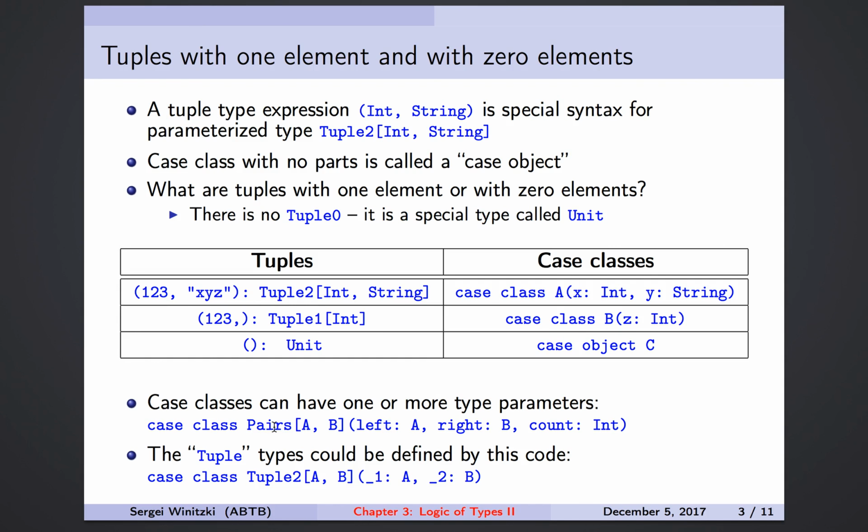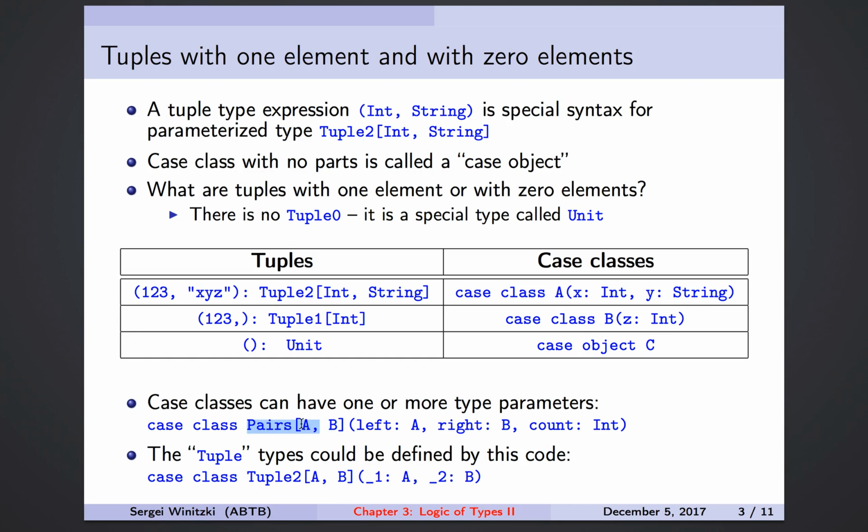Case classes can also have type parameters. Type parameters on a case class mean that for each value of this type variable, which could be any type, like Integer or Boolean, String, or any other case class, or a function, it can be any type.